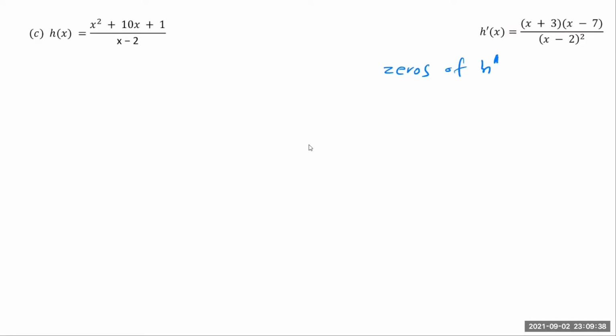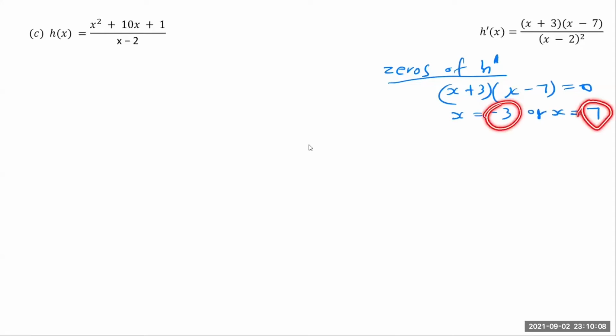There are no common factors in the top and bottom that cancel. So to find the zeros, you set the top to 0. (x plus 3)(x minus 7) is equal to 0. That gives x is equal to minus 3 or x is equal to plus 7. Those are the two zeros of h prime of x.